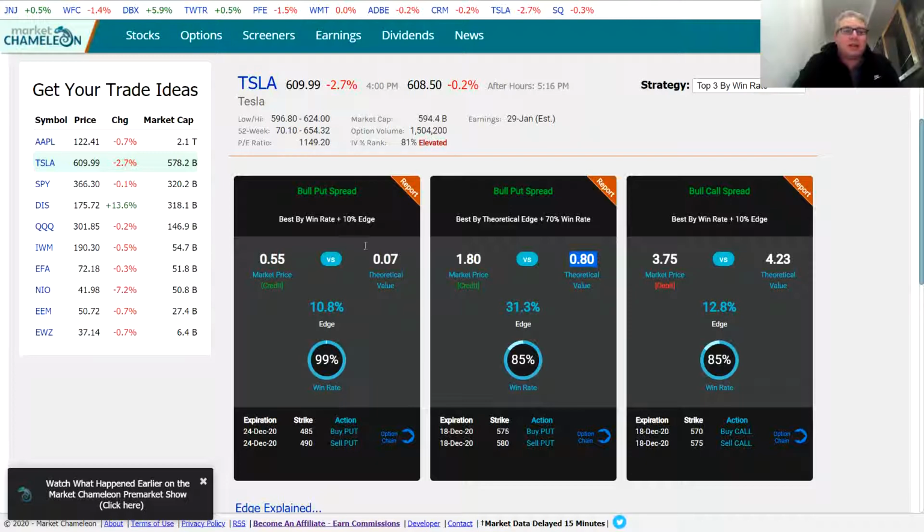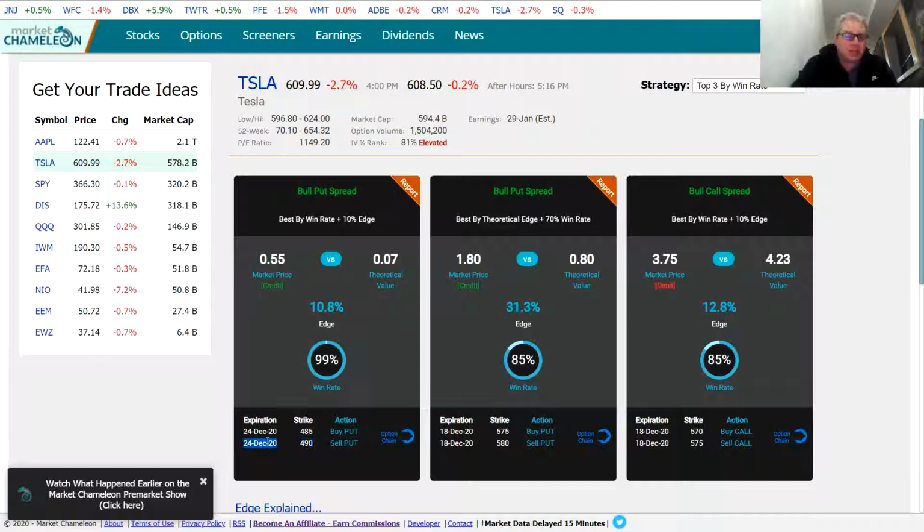Let's look at something else which is insane. I'll show you the graph for this bull put spread for December 24, 2 weeks from now. If your risk tolerance is super low, you can do this trade instead of selling the 580 spread: sell the 490 spread, 100 points below. Tesla is at 610.